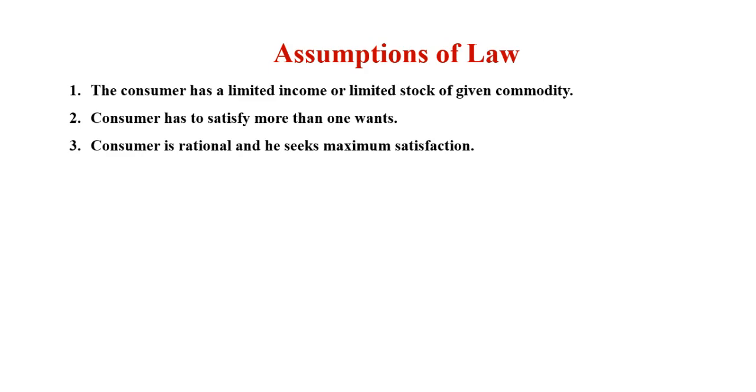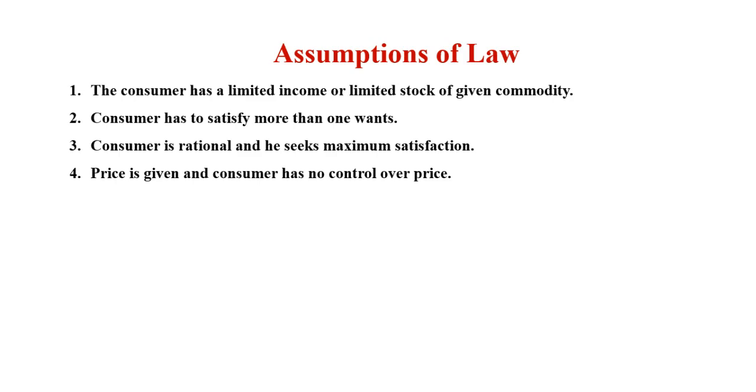The consumer is rational and he seeks maximum satisfaction. A rational consumer means the consumer is a normal person. He is not an abnormal person like a mad person. The price of the commodity is given and the consumer has no control over the price.